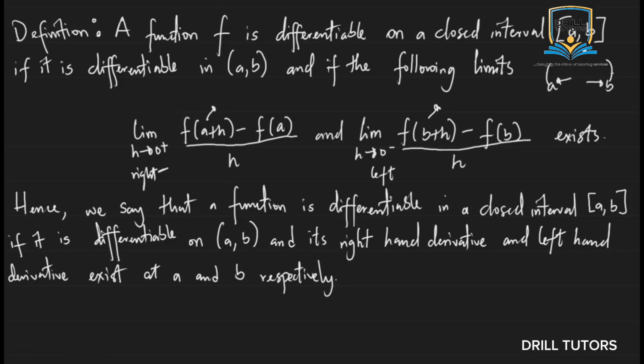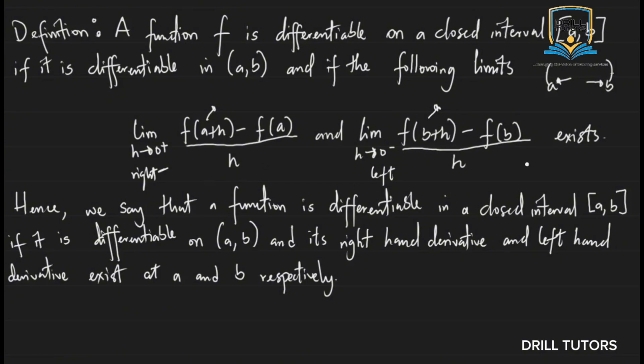So how do you confirm differentiability in an interval? Good. All you just need to confirm is the limits as h is tending to 0 from the right. That is values approaching a from the right, and you have this definition, and then values approaching b from the left, these limits too.